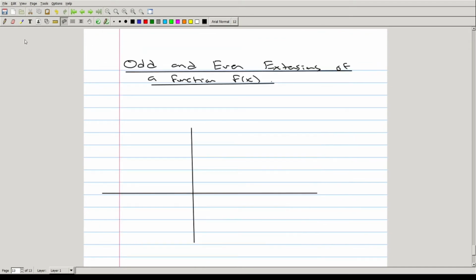So suppose that f of x is defined on the interval from 0 to c for some positive real number c.